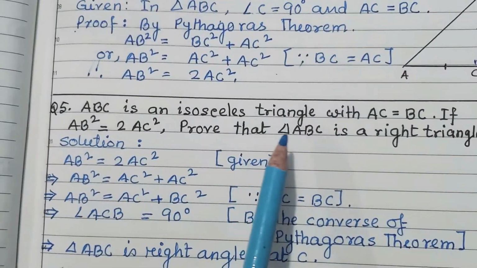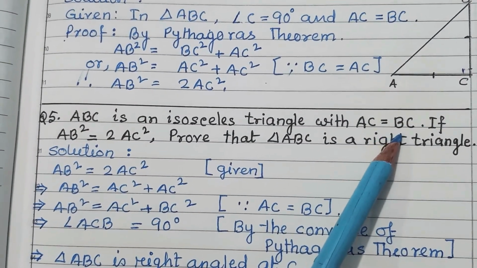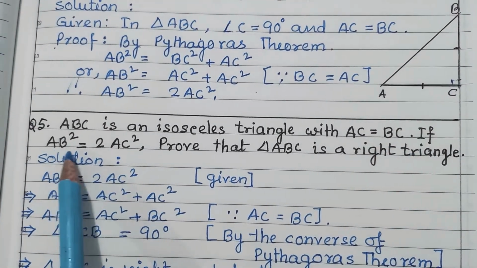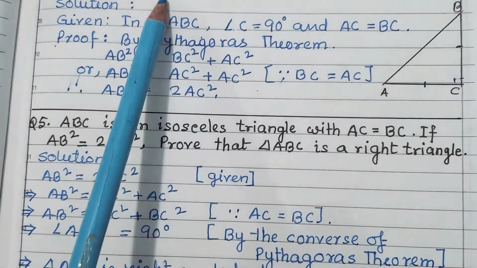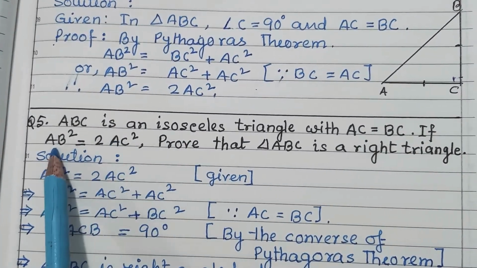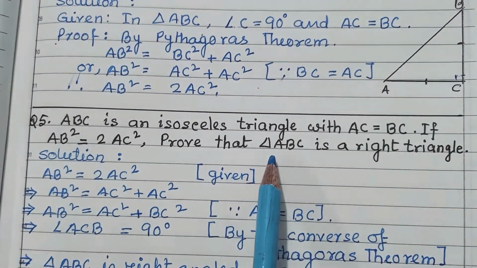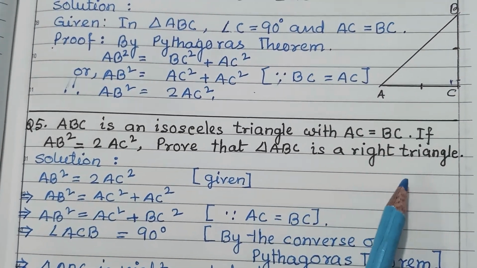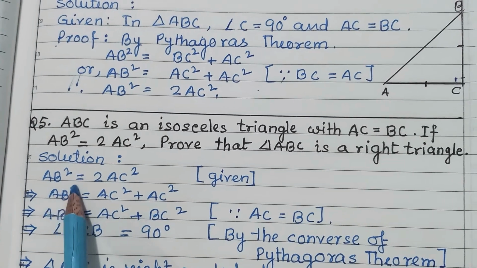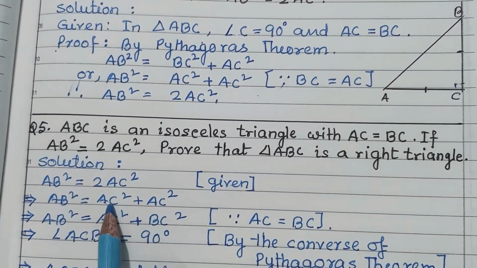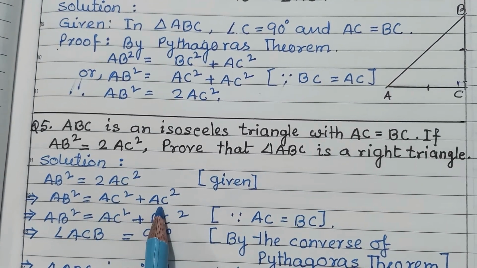Next question, question number 5. ABC is an isosceles triangle with AC equal to BC. Same figure. If AB square is equal to 2AC square, prove that triangle ABC is a right angle. Its converse you have to prove. Now AB square is equal to 2AC square is given. 2AC square we can change as AC square plus AC square.